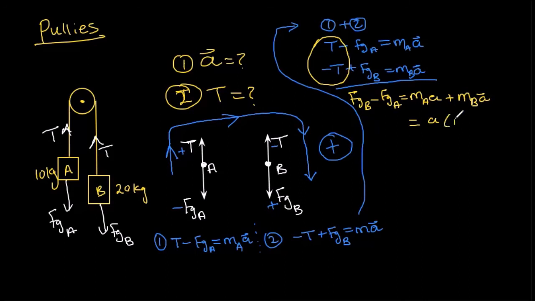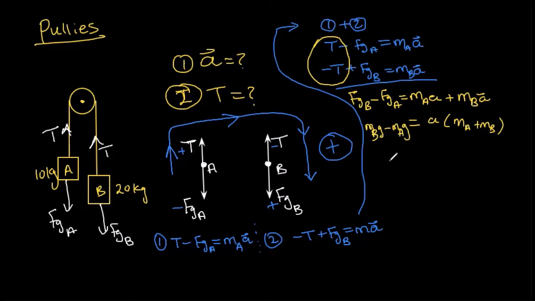And on the other side, you're going to have mB times g minus mA times g.